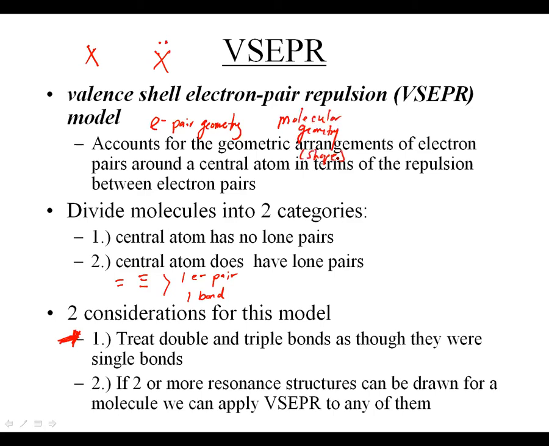And that describes the overall arrangement of all the bonds as they come together and what the shape of the molecule is. So we're going to talk about two different names as we go through this, and make sure you keep that in mind. So let's take a look here.